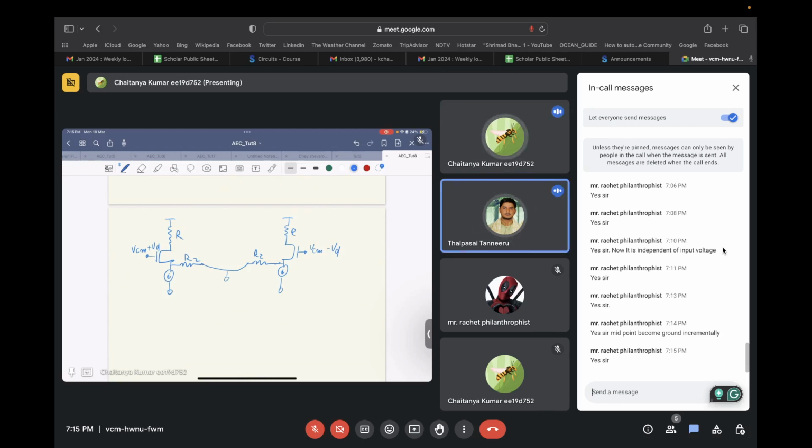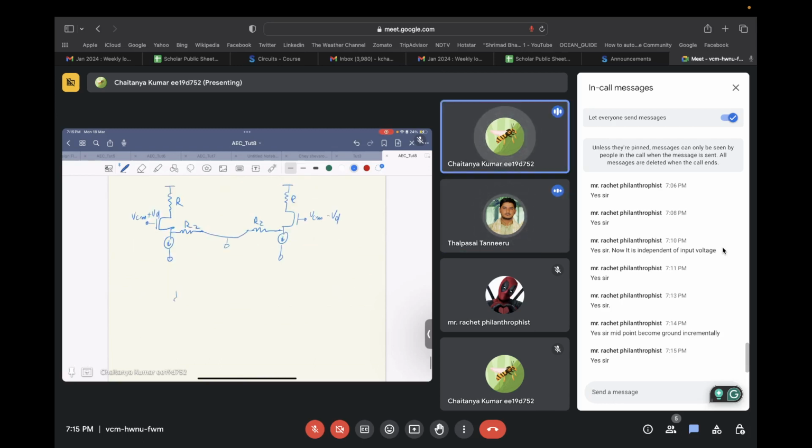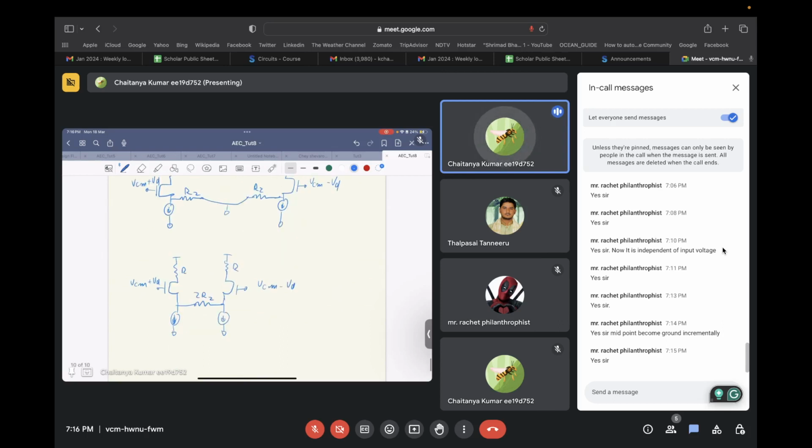Yes, sir. So if we have this circuit in place, with VCM plus VD, then 2R2, and VCM minus VD, this now doesn't eat up headroom, and in differential mode this has the degenerate resistor of R2.